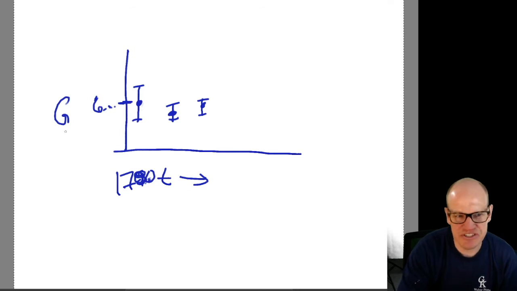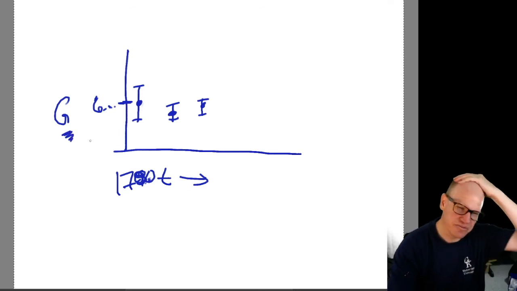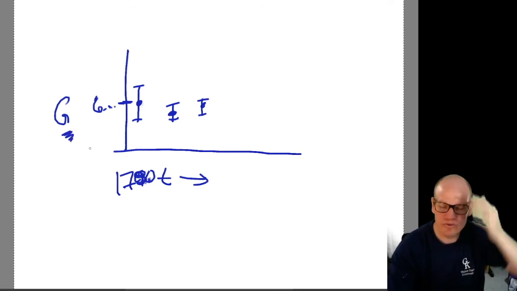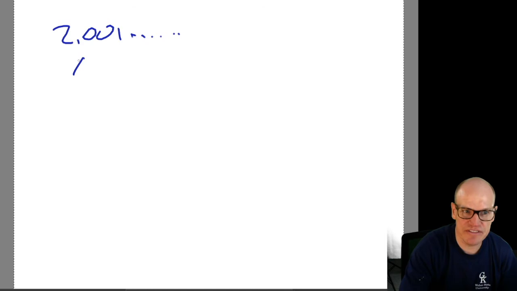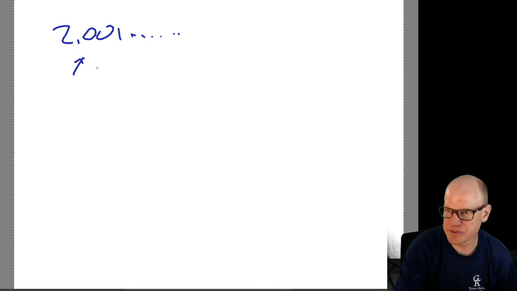Now in the case of big G, there's no way to predict what it is. So maybe big G was a bad example. What would be a better example? Oh, I got a better example. There's a value for a quantity related to the electron that is equal to 2.001 and so on. It's a really long number, and you can calculate it. We have a theory that predicts what this value should be.